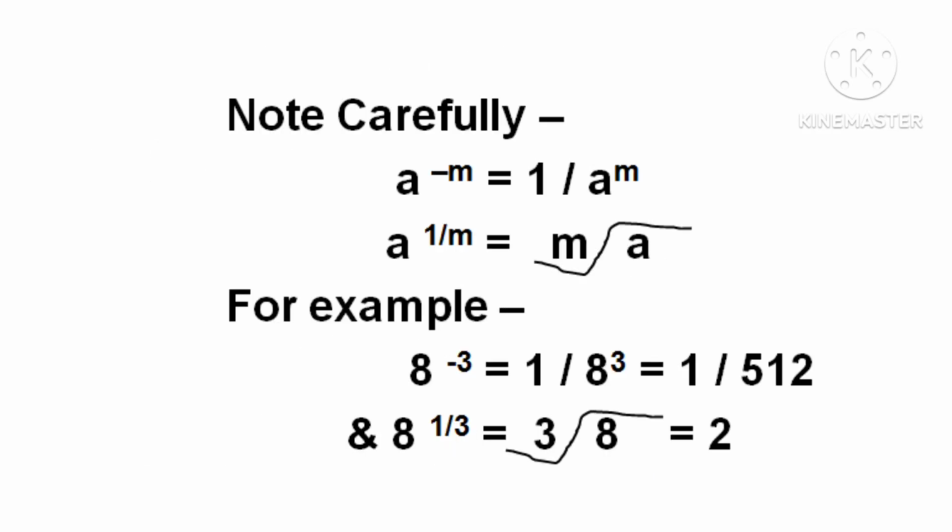Please note carefully, a raised to minus m is equal to 1 upon a raised to m. a raised to 1 upon n is equal to the nth root of a. For example, 8 raised to minus 3 is equal to 1 upon 8 raised to 3, equal to 1 upon 512. 8 raised to 1 upon 3 is equal to the cube root of 8, equal to 2.